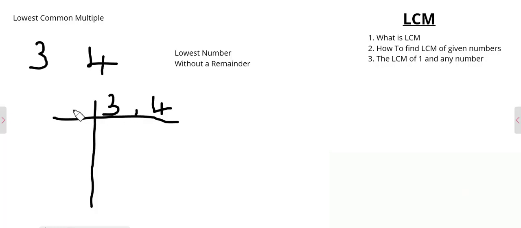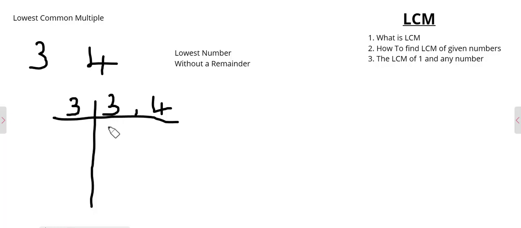So we're looking for a number which can divide 3 and can divide 4. There's no number which can divide both 3 and 4. So what we do first is divide 3 first, and the number that can divide 3 without a remainder is 3.